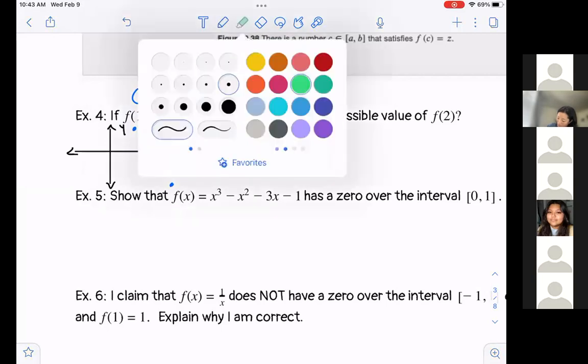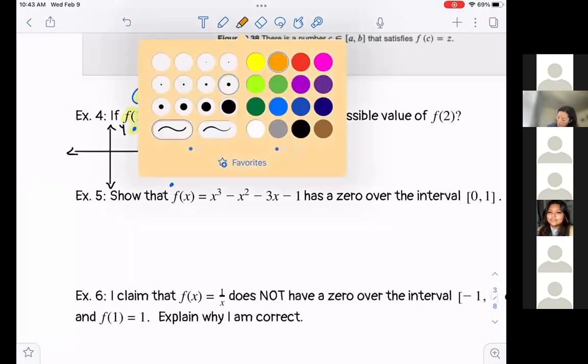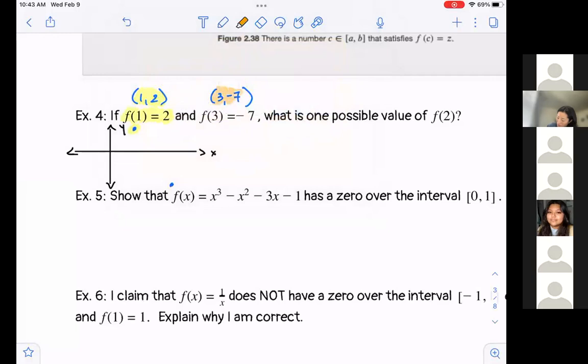In fact, let's color them just to make sure we know this one is the same as this one, which is the same as this point. And go big bird themed. 3, -7 is the same as f of 3 equals -7. And that's this point down here. Okay. And so because I used the f notation, it means that I have a function that connects the yellow dot to the orange dot. Okay.